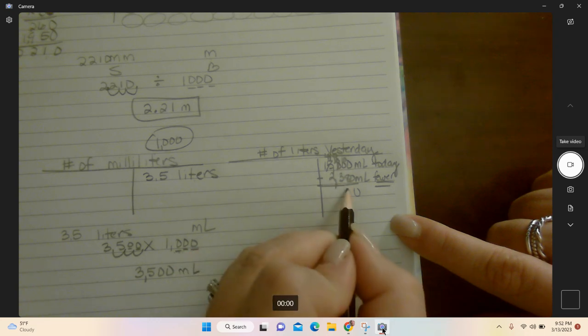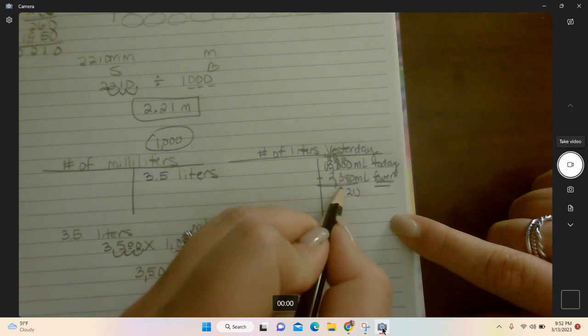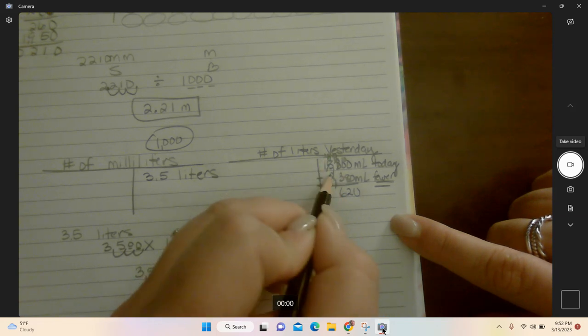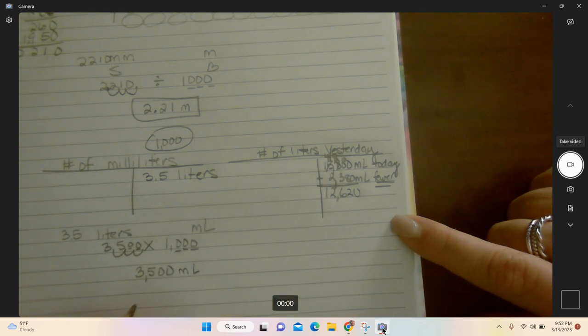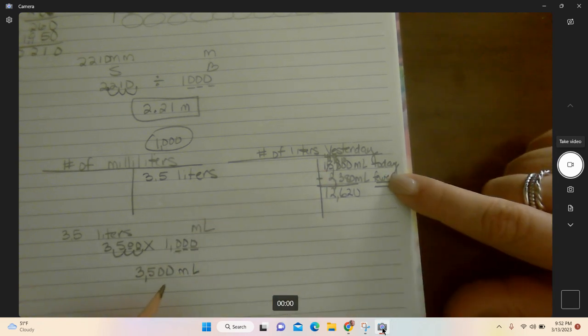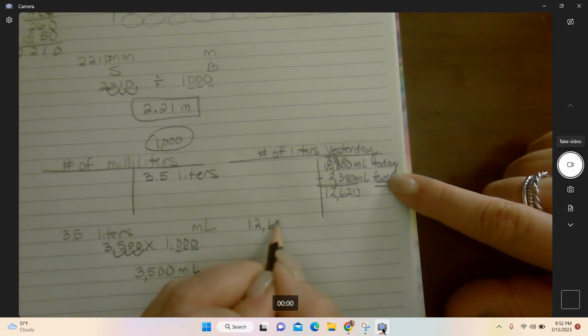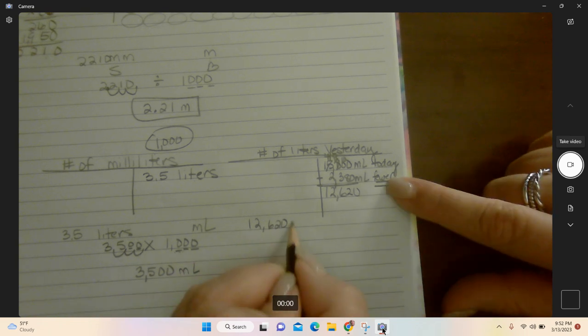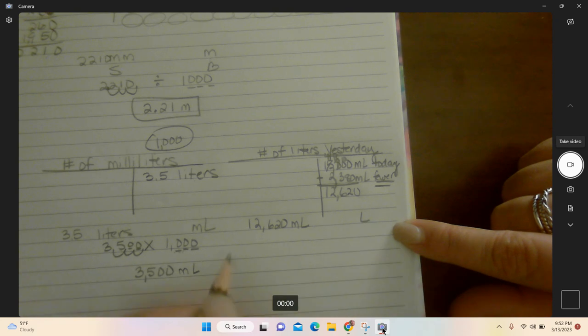So 10 minus 8 is 2, 9 minus 3 is 6, 4 minus 2 is 2, and bring down the 1. So it seems like yesterday they used 12,620 milliliters. And I'm going to be switching it over to liters.